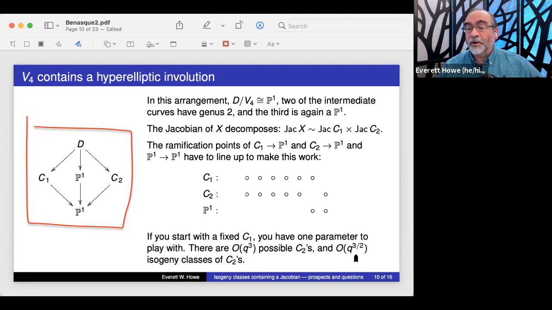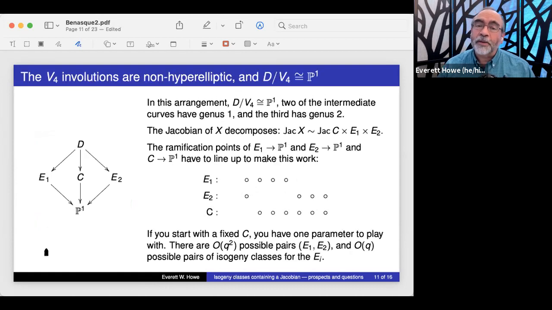And then there are big O of Q to the 3 isogeny classes of genus 2 curves. So you have maybe a slightly better chance, 1 chance out of square root of Q, of being able to get something in your favorite isogeny class as your second curve. So this may not be the most useful construction, but it's one of the 3, so I figured I would mention it.